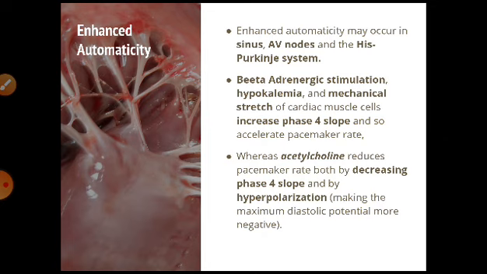Ultimately the depolarization state prolongs a little more, so the automaticity goes on for more time and is enhanced. Whereas the other neurotransmitter has the opposite effect: acetylcholine reduces the pacemaker rate both by decreasing the phase 4 slope and by hyperpolarization, making the maximum diastolic potential more negative.